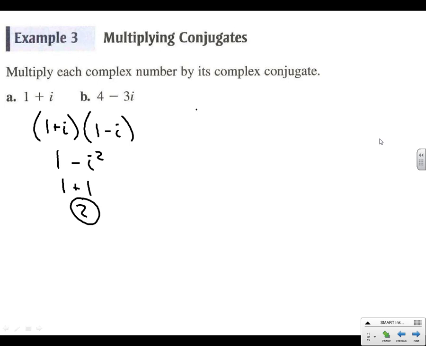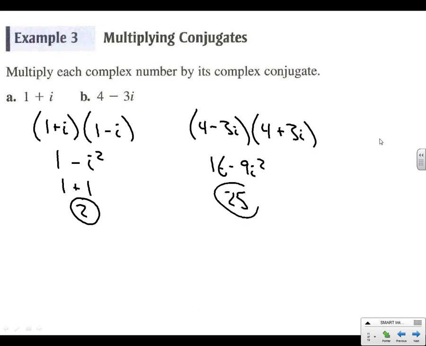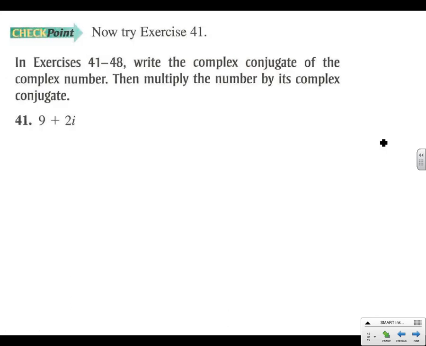Let's try the next one. 4 minus 3i. What would the conjugate be? Conjugate would be 4 plus 3i. So we're going to have 16 minus 9i squared, which is the same as 16 plus 9, so we get 25. Okay? All right, so see if you can do the conjugate and multiply for 41.